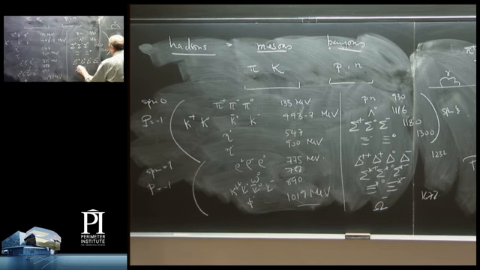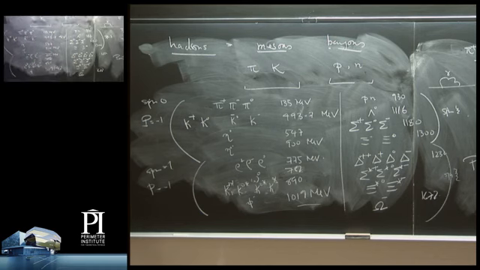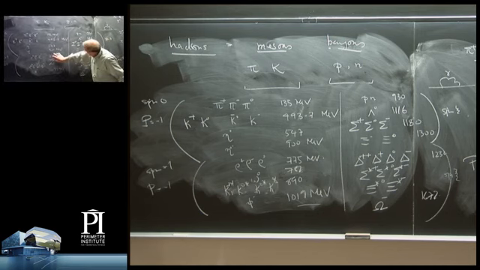3 sigma stars, 2 cascade stars, plus 0 and minus, 0 and minus, and a particle called the omega minus, which has mass 1672. And if you look at this, there's roughly equal spacing in this multiplet between these, and between these, and between these.